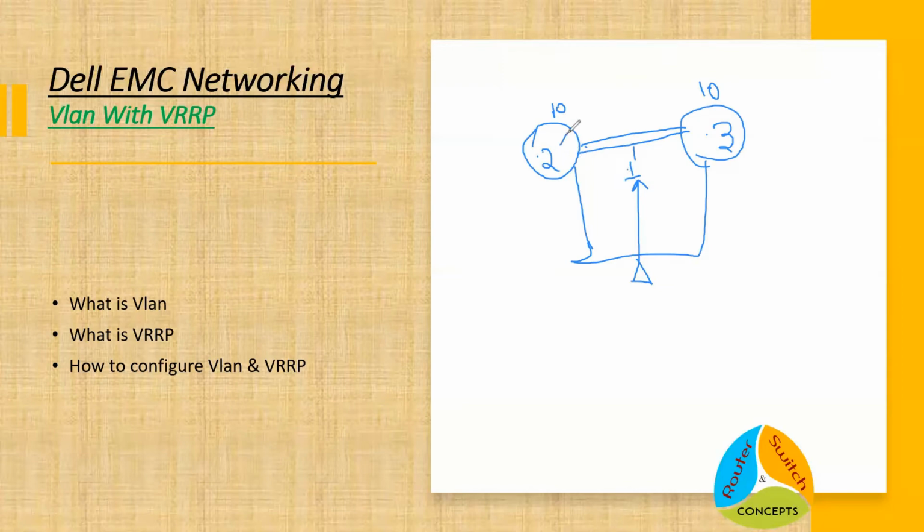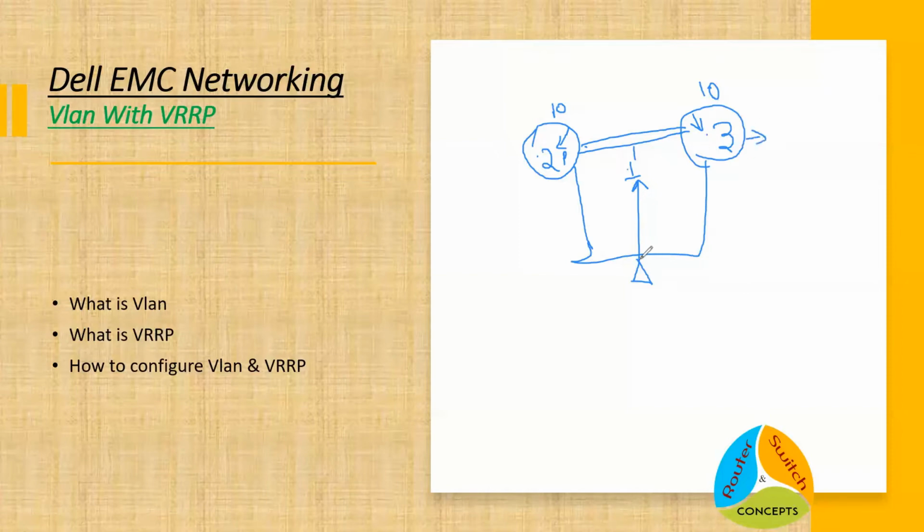We'll see what configuration we have to do on our devices, because on one of the sides, like VLT and other protocols, we have to give the priority, and the lowest priority will be elected as the primary, and the other side, the higher priority switch, will be considered secondary.